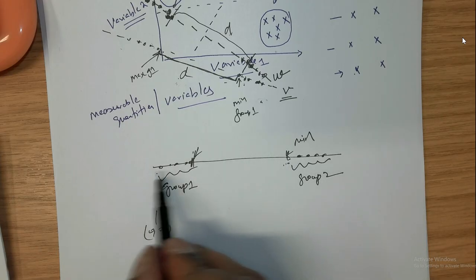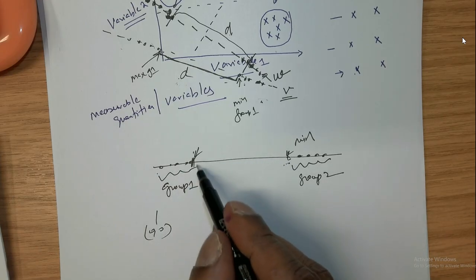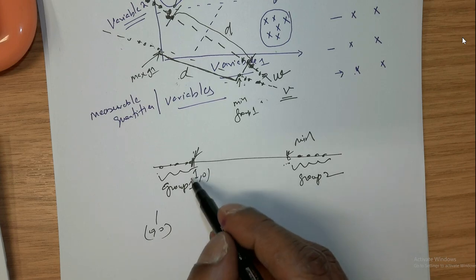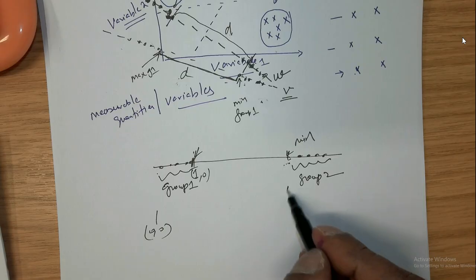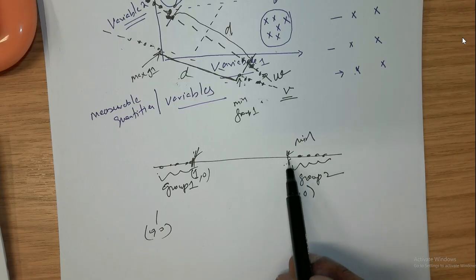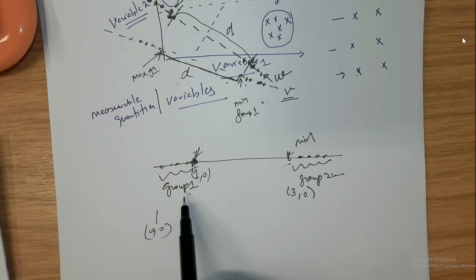So we have y is equal to 0 throughout. So let's say this is 1, 0, and let's say this may be 3, 0. So this is the minimum in category 2, and this point corresponds to the maximum in group 1 or category 1.